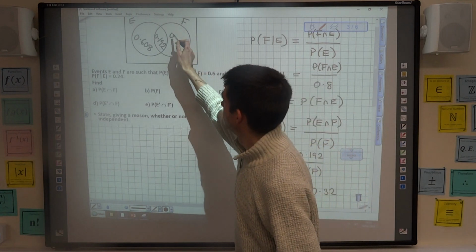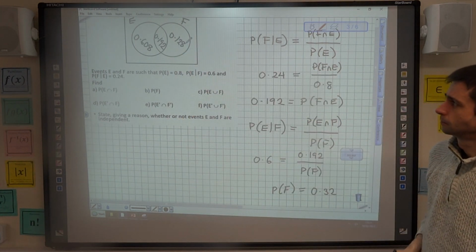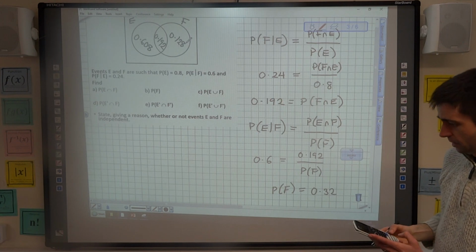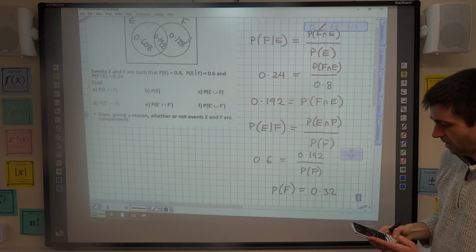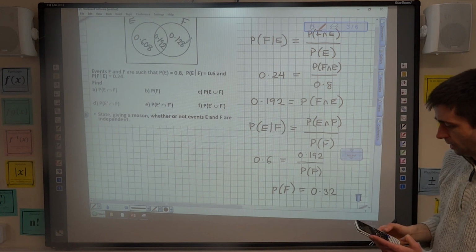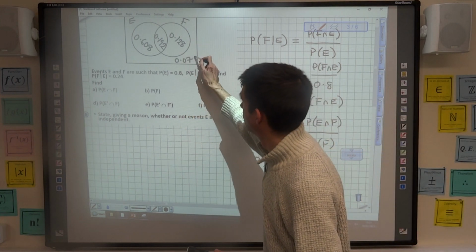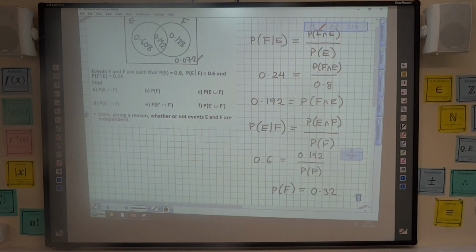So subtracting, I get that to be 0.128. And what that should mean on my outside is if I add up that with the 0.8 for E and subtract that from 1, I should get 0.072 as my outside section, so not E and not F.